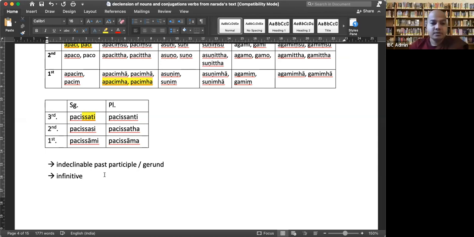Do you remember anything about indeclinable past participle and infinitive? Generally, for indeclinable past participle or gerund, the suffix is twa, right?